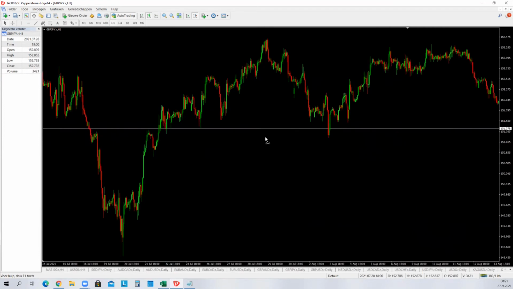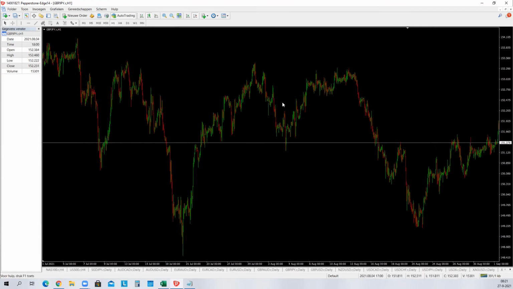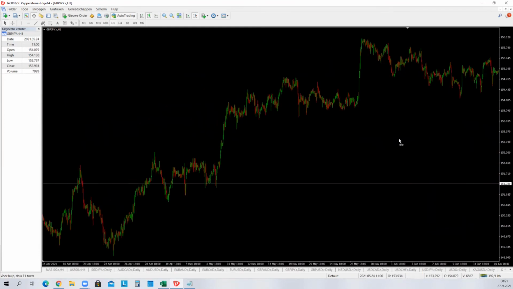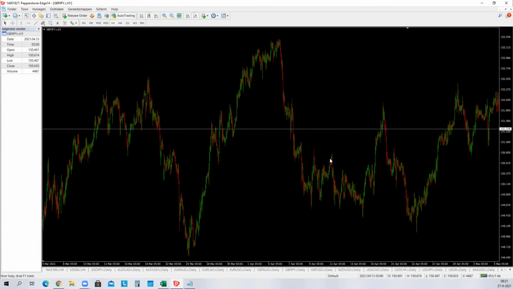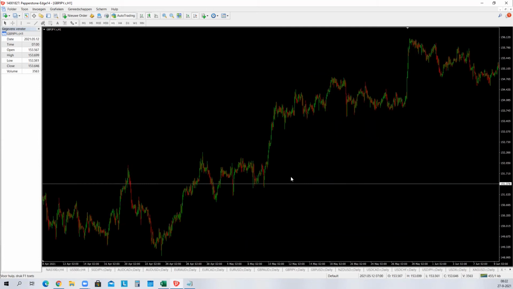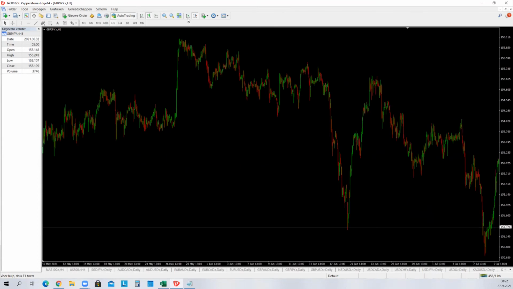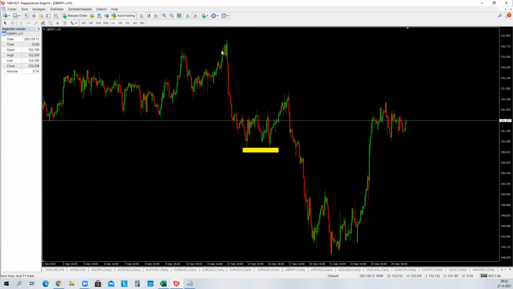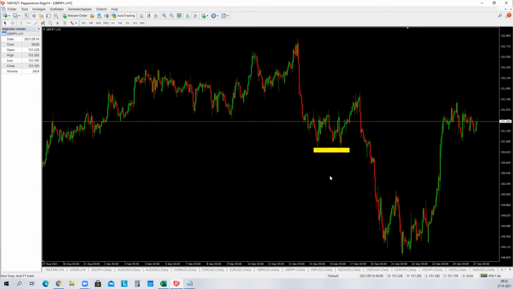Not sure if I can get you guys a clean example of this. Let me check. Can't see anything clear right now, but that's generally speaking what happens. So if you see this, please start thinking about shorts instead of trying to long the double bottom.